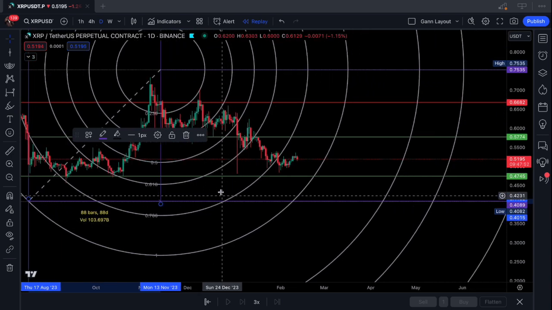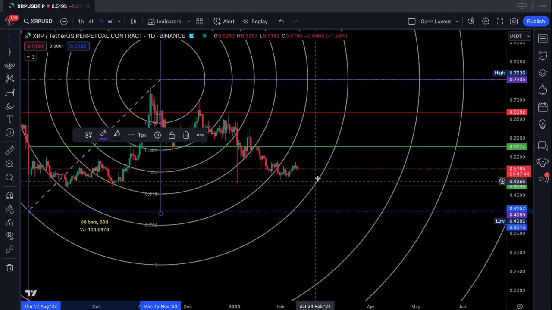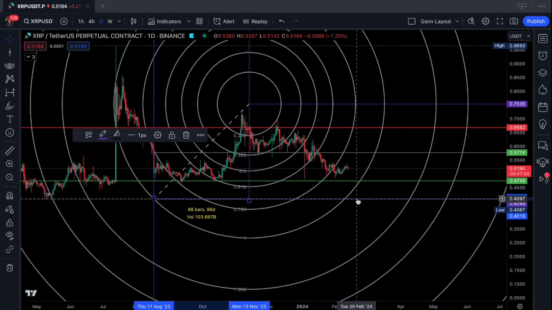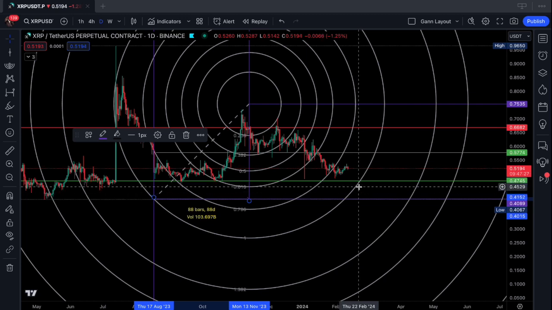And at this point, we are waiting to see if the circles will arrest XRP's downside momentum at the one level, and it could possibly be on February, close to the end of the month. Maybe XRP's downtrend will be over and done with.